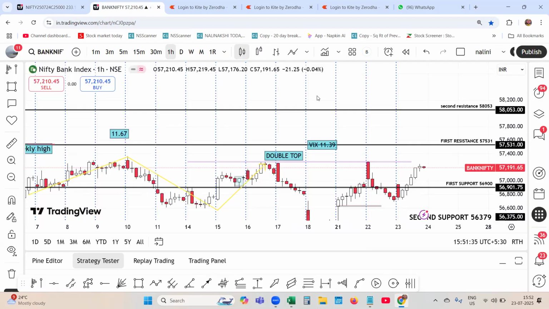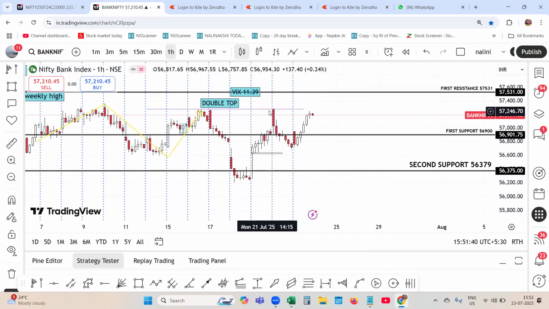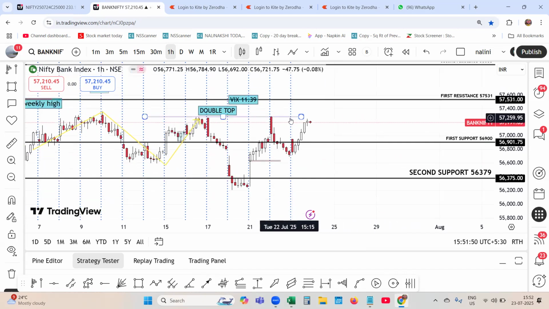Coming to the Bank Nifty, let us check what has happened in the Bank Nifty. It is a V-shaped down move and a V-shaped up move. The down move has been negated and nothing much has happened in this market. It has not gone past Tuesday's high and it has closed near Tuesday's high.